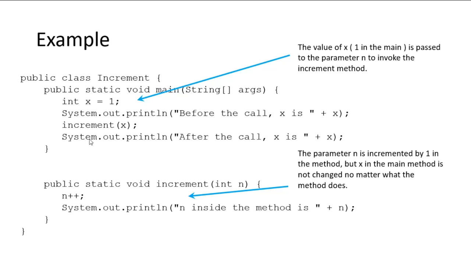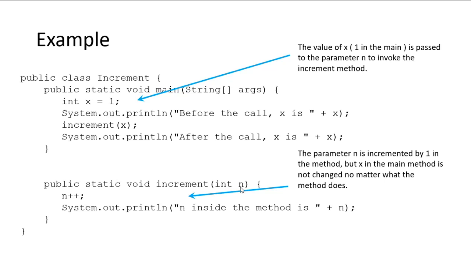Now, what happens with this main method calling increment by the value of x? x is equal to 1, and we call increment x. So the value of 1 will be passed to the function. And now at this point, when the function starts running, the value of x will be passed to the parameter n.